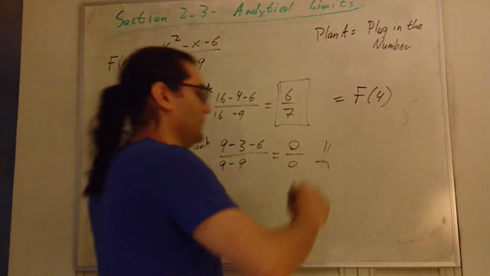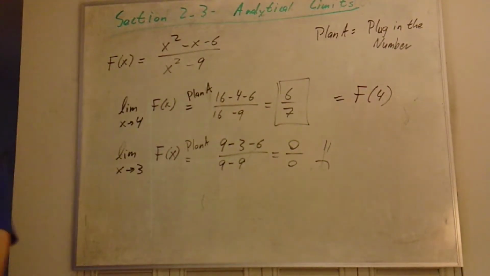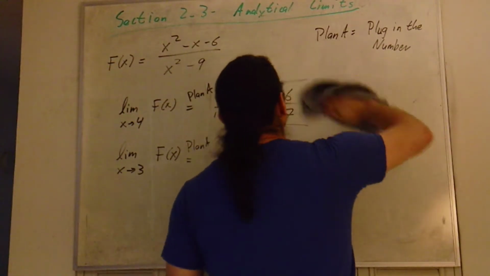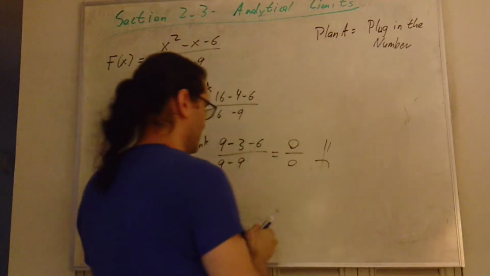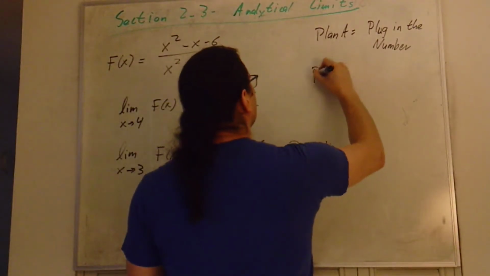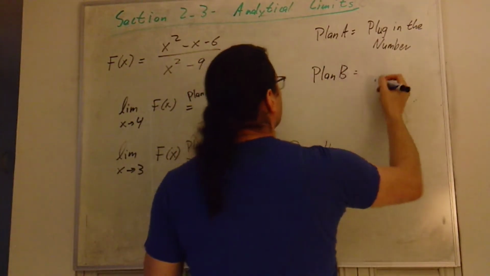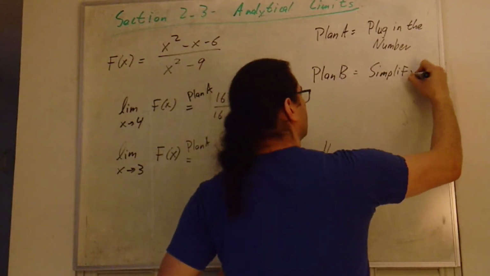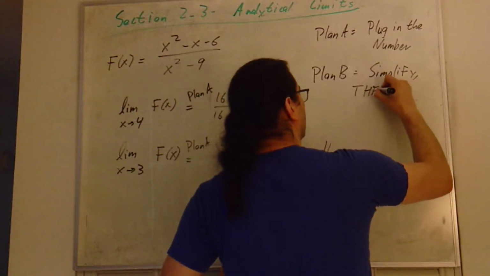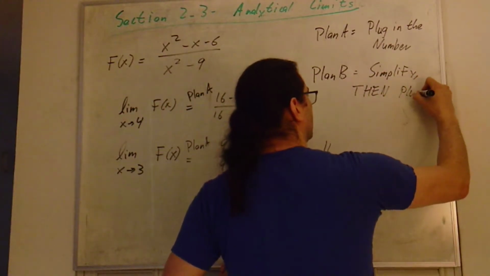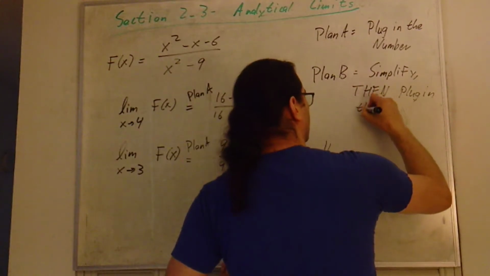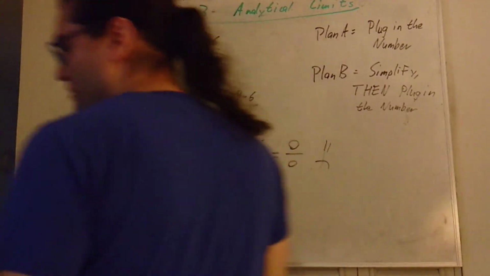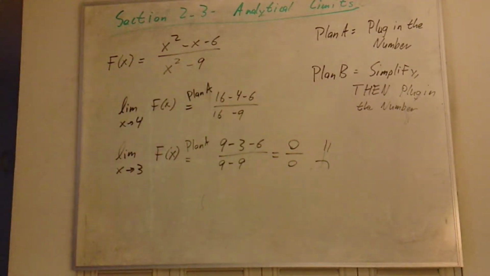So here's plan B. Plan B is simplify, then plug in the number. So let's take a moment to see if we can simplify this expression.